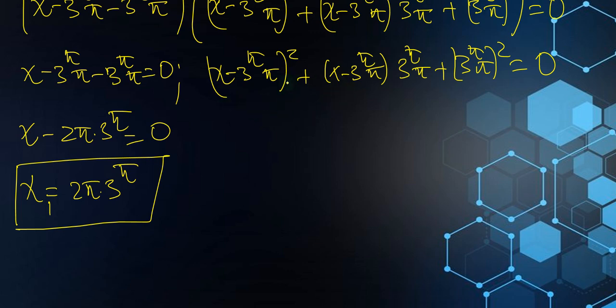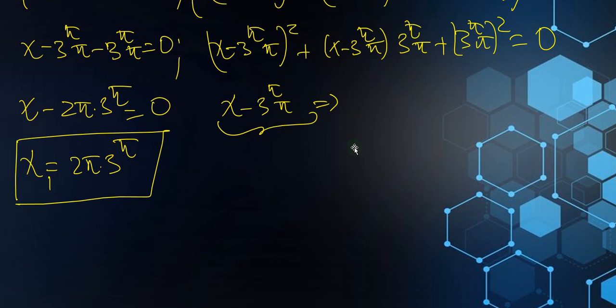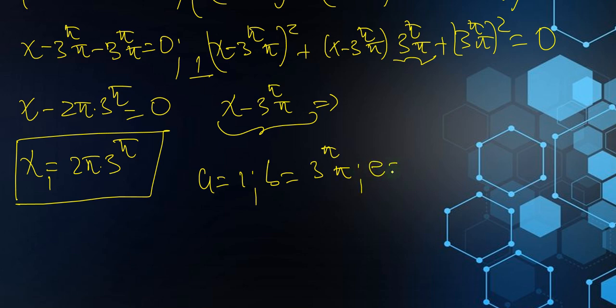I'm going to solve this equation here as a second degree equation in terms of x minus 3 to the pi times pi. So this is going to be my variable here. If this is my variable, it means that a is equal to 1, my b is going to be equal to 3 to the pi times pi, and my c is going to be 3 to the pi times pi to the power of 2.